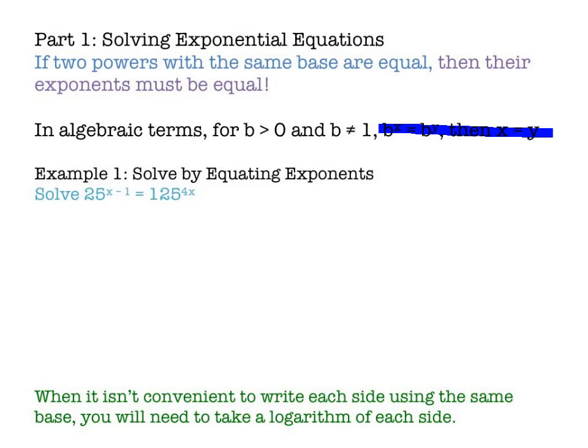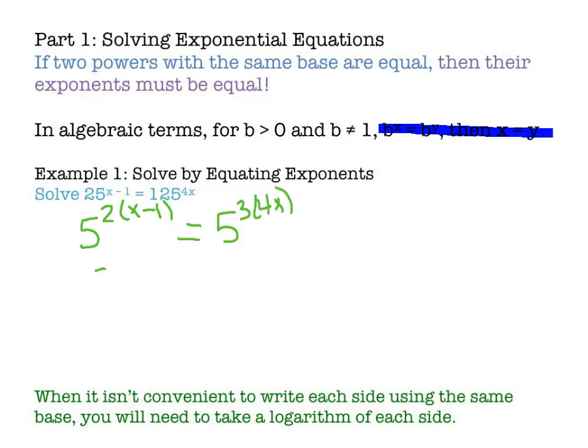So the first thing that I want to do is rewrite 25 as 5 squared, and I still have the x minus 1, and 125 will be 5 to the third power, 5 cubed, times 4x. Do not forget the exponents that you already have. Now I can simplify a little bit.